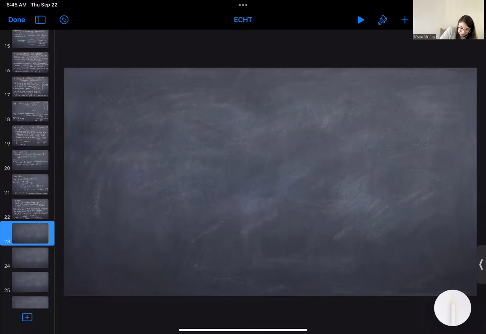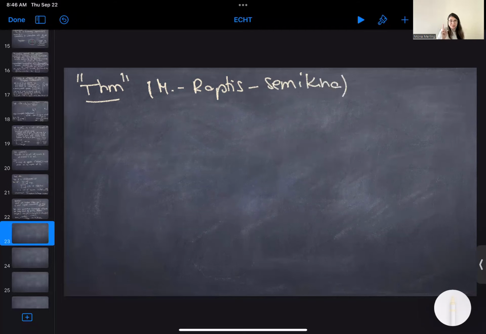But I'll just end with this theorem. Maybe I'll put it in quotes since it's work in progress. This is together with Raptis and Semikina. And we do compute something here, because I know this is supposed to be computational. We are going to try to compute some elements in K1. So let M be odd dimensional.